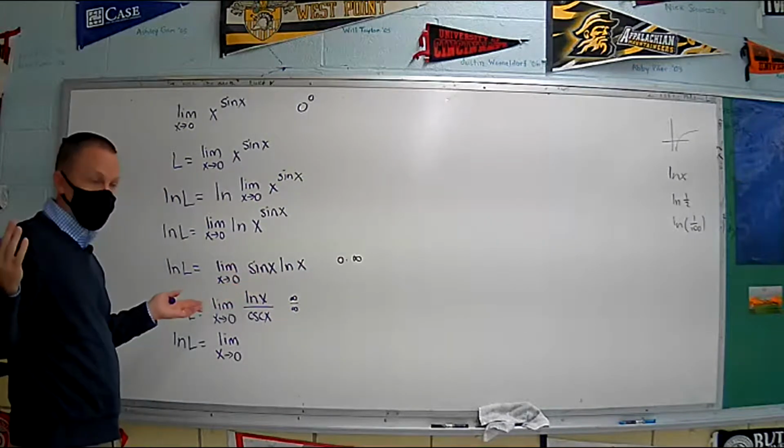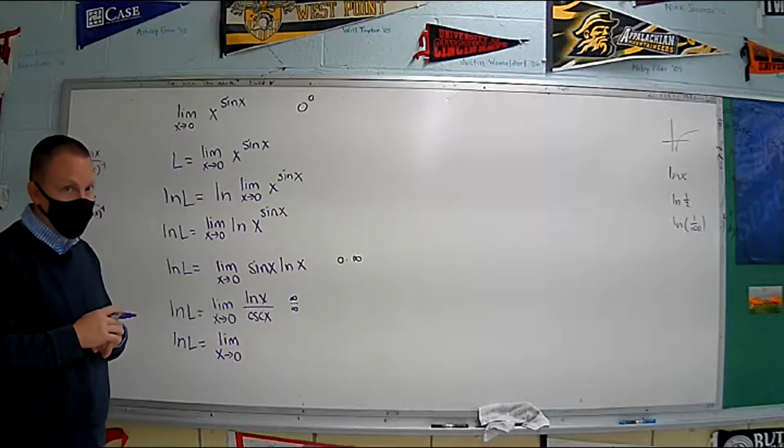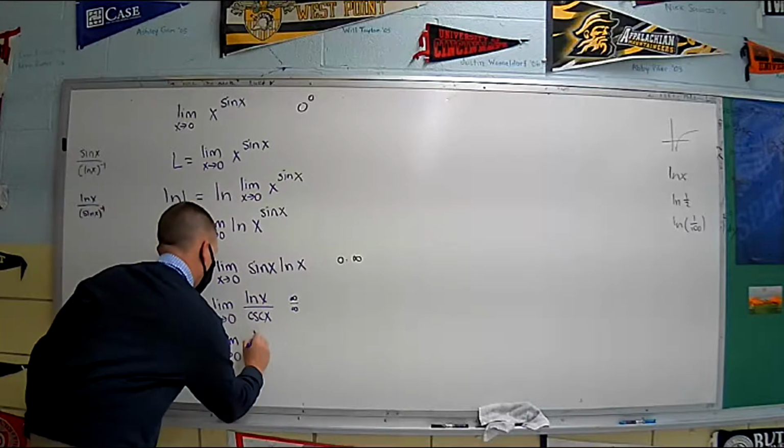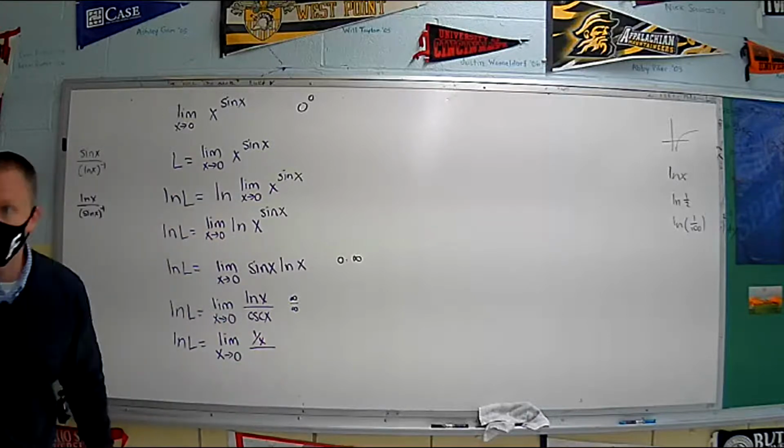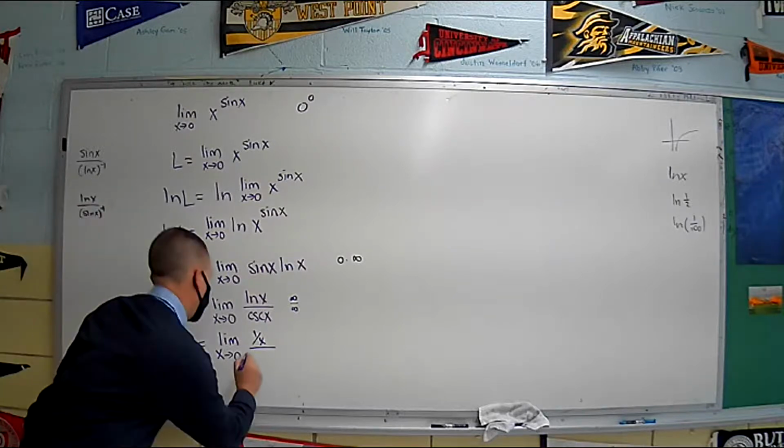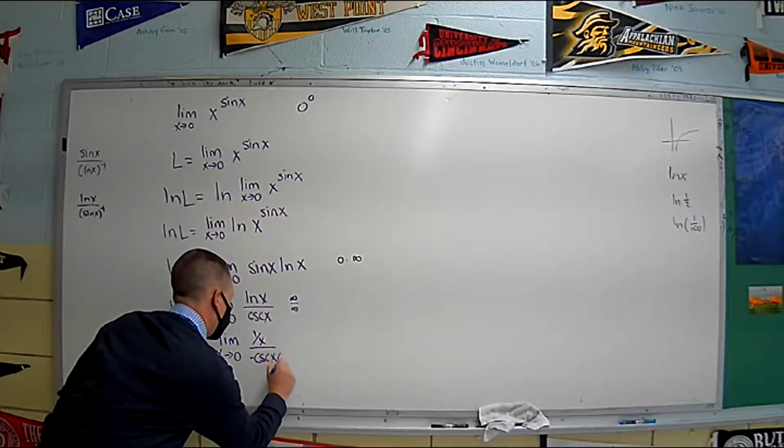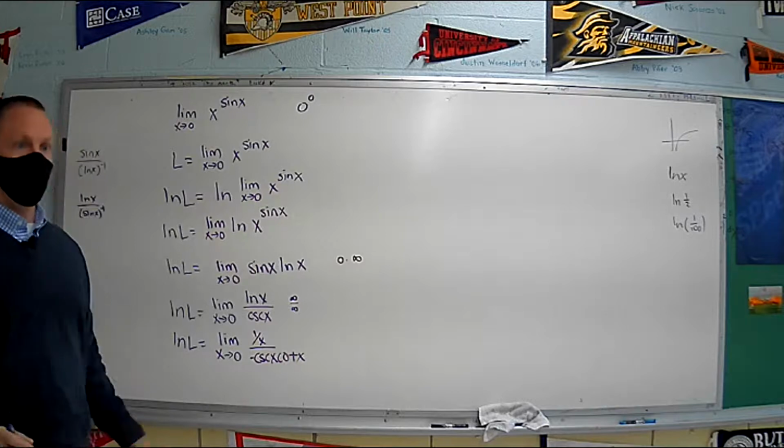Ready? So what's the derivative of the natural log of x? It's 1 over x. And what's the derivative of cosecant of x? It's negative cosecant of x, cotangent of x. Okay?